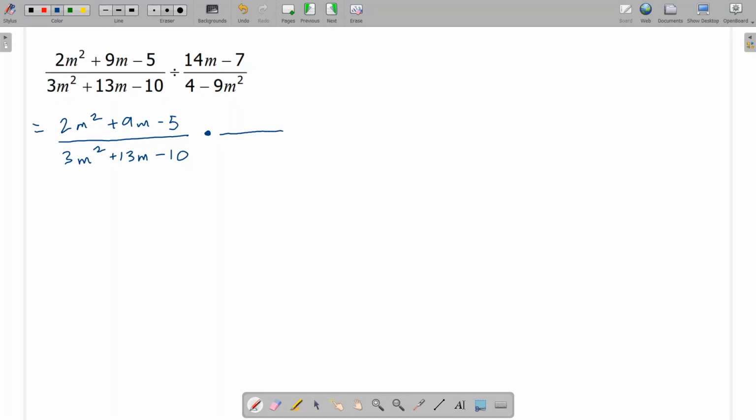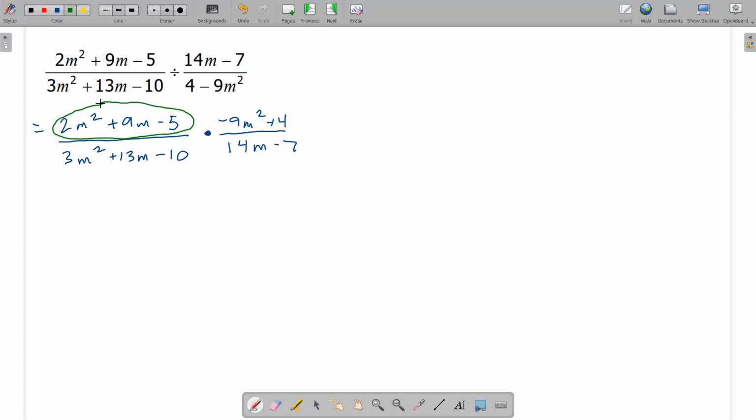Times the reciprocal. So 4 minus 9m squared. I'm going to go ahead and rearrange that order so that it's in standard form, over 14m minus 7. So now we're just in the same boat that we were last time. Now what's trickier here is the factoring.